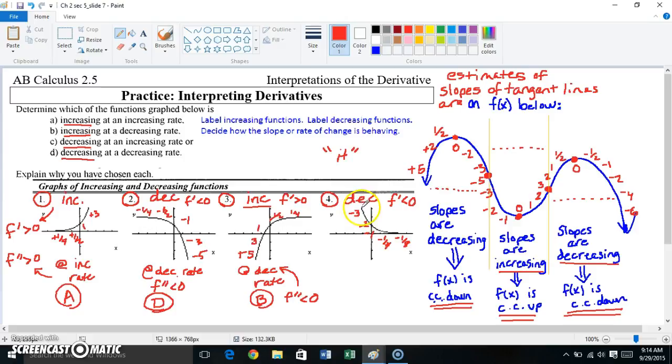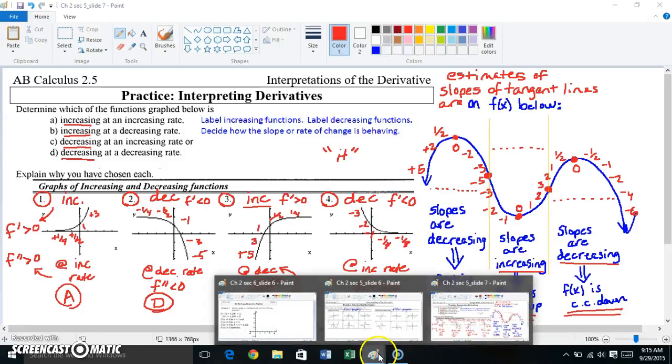All right, the value of the slopes, negative 3 to negative 1/8, those slopes are increasing. So graph 4 would be decreasing at an increasing rate. So f double prime is positive, our graph is concave up, and this would be C. Okay, hopefully you're wrapping your head around that one.